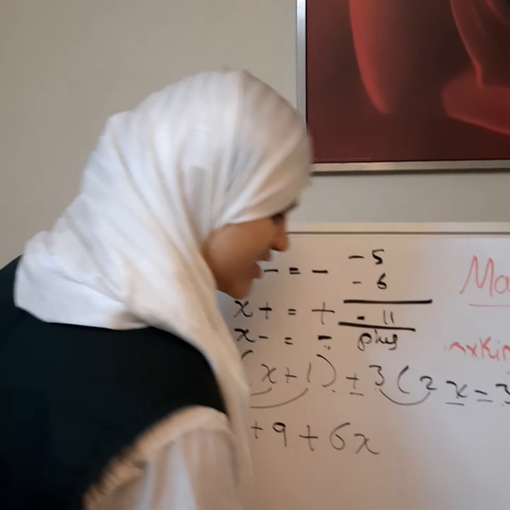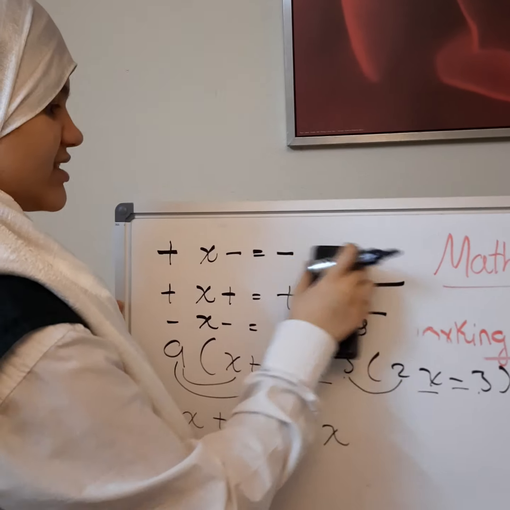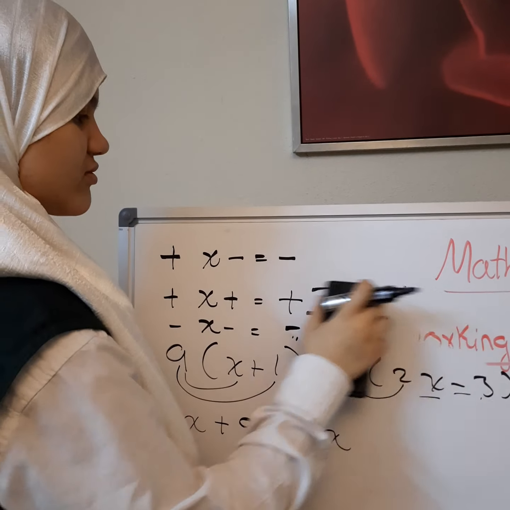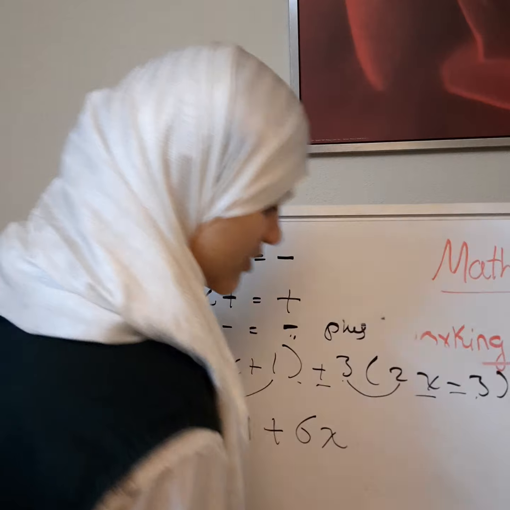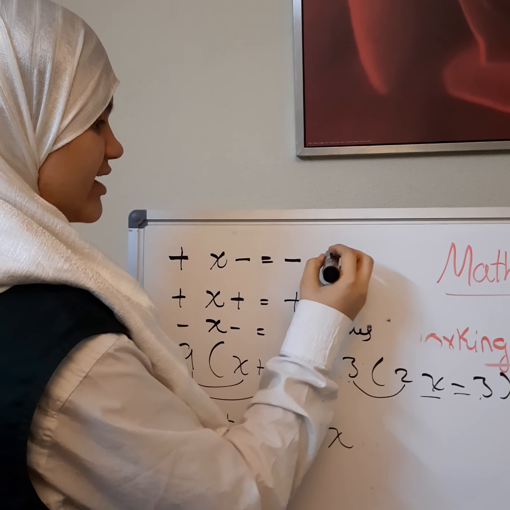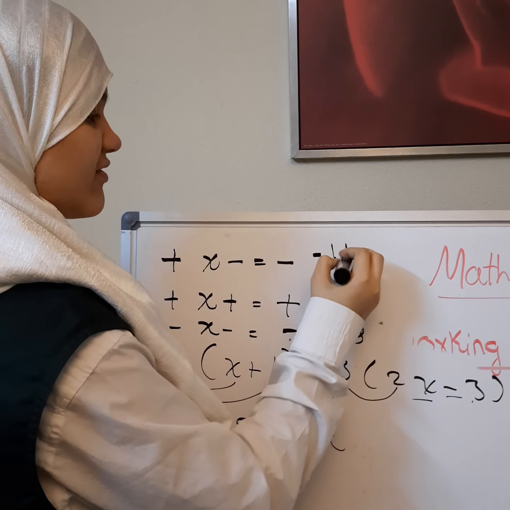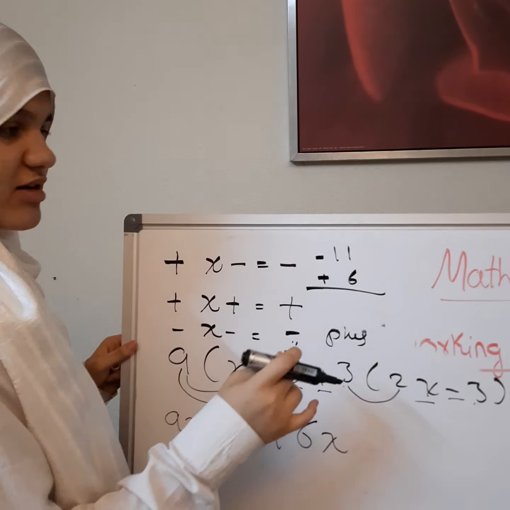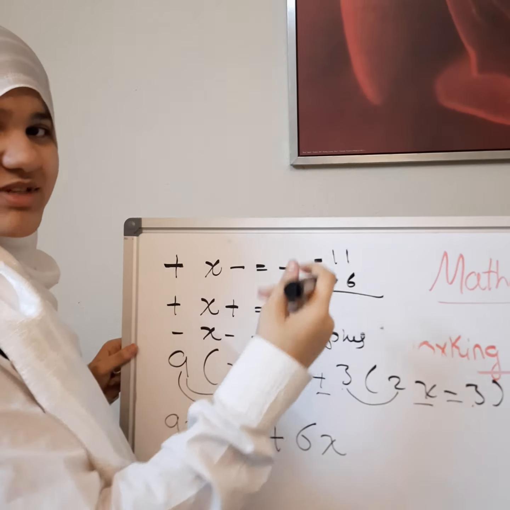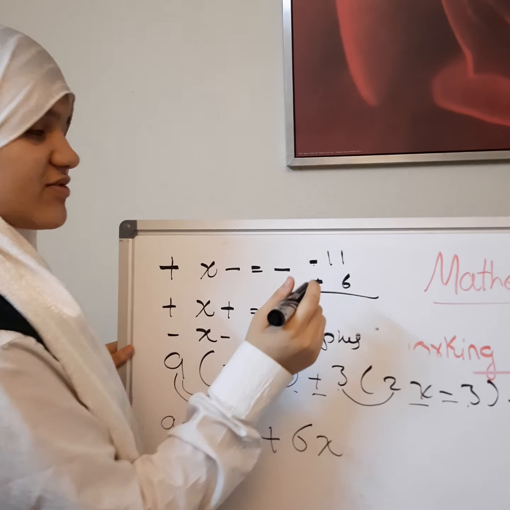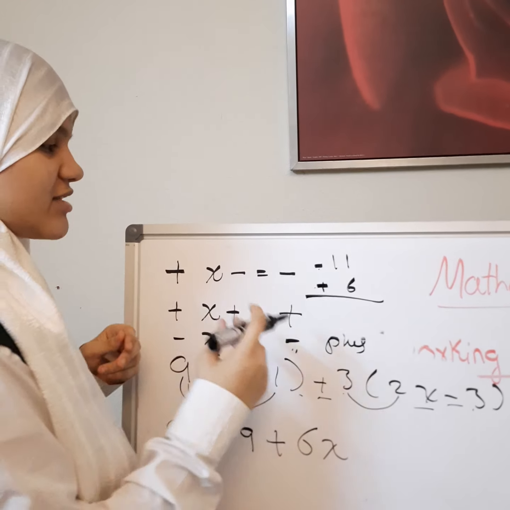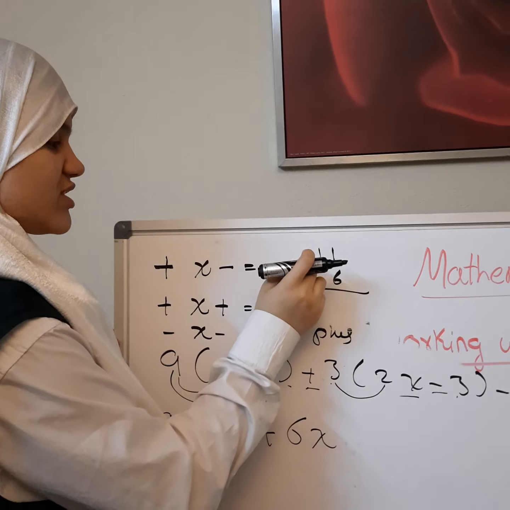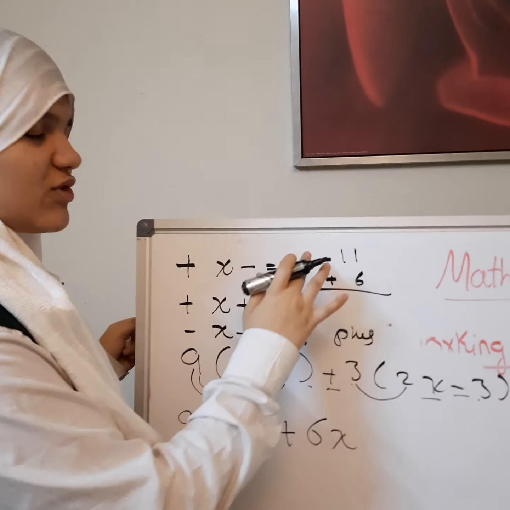But what if it is plus? It will be like negative 11 plus 6. Now we will do subtraction, because here we have negative and positive. We have opposite signs. That means it will be negative, because negative will win.